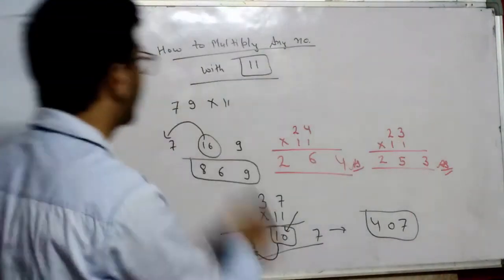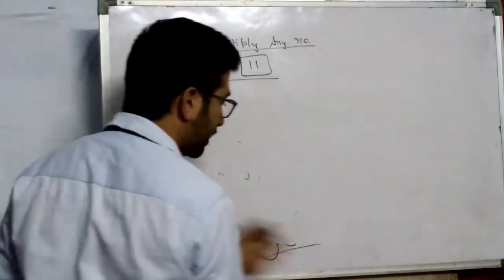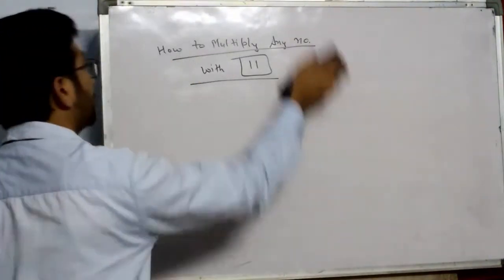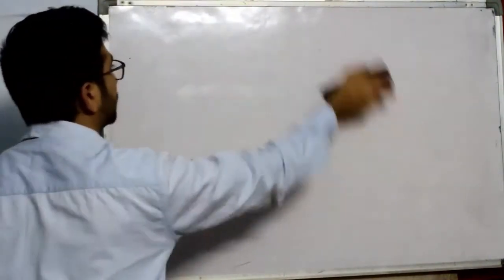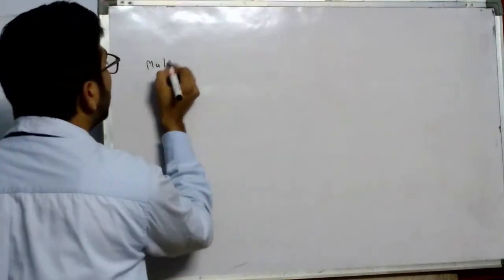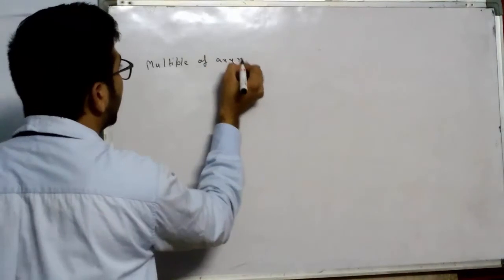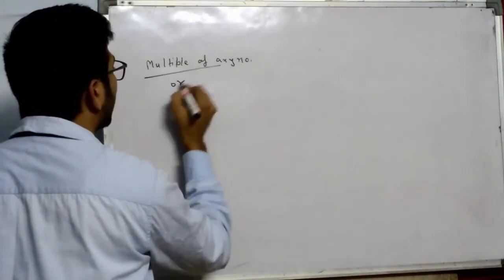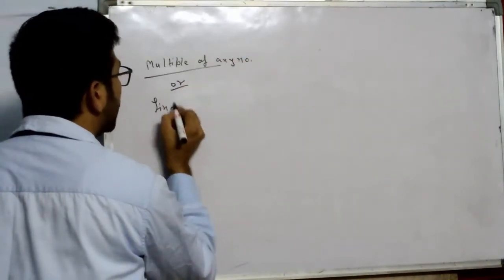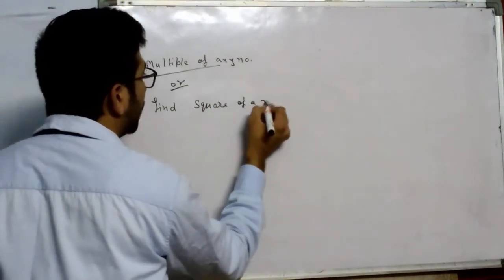After that, I just want to tell you a very important method of squaring a number. Suppose you get a question like how to multiply the same number with the same number, or find the square of a number.